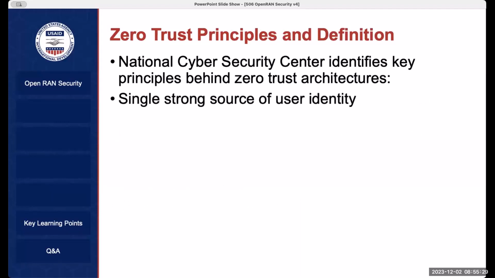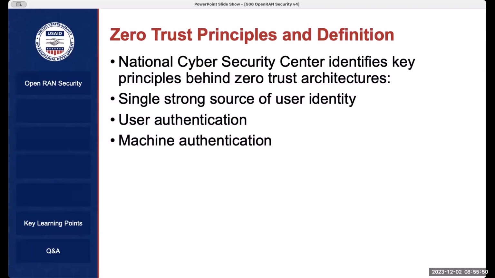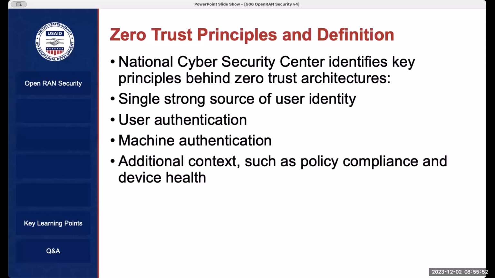So Zero Trust, we have a National Cybersecurity Center that has identified key principles for this, like a single strong source of user identity. You would typically be required to deploy an identity access management system to perform user authentication, machine authentication, and additional context for policies. Do you have MFA? Are you using your required machine?